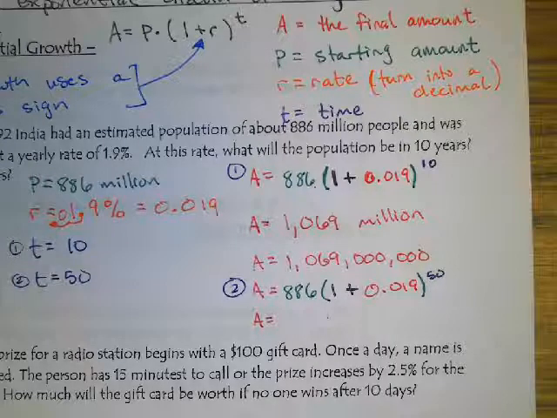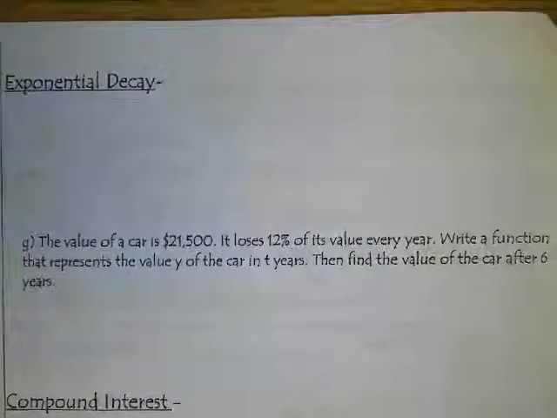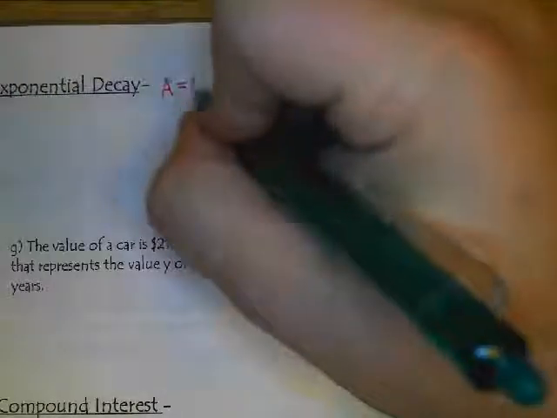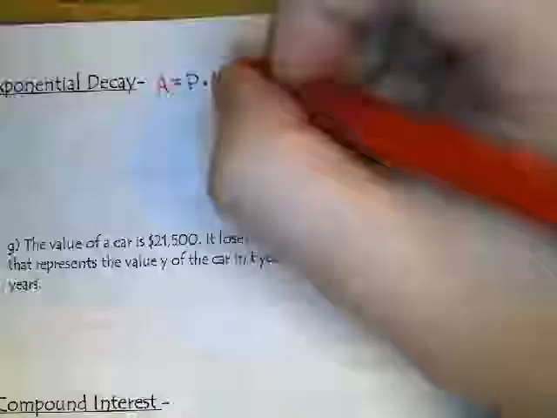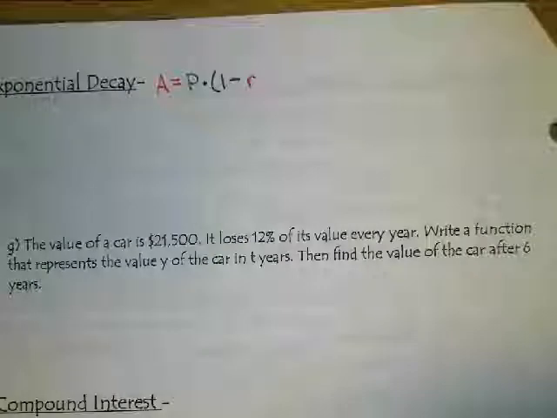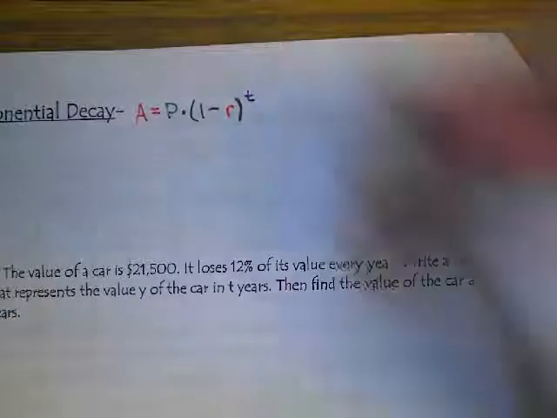So what happens when there's a decay? So let's flip over to the back, and we'll look at decay. So decay, the equation's the same. We will have A equals our starting amount times 1 minus R, and we raise that to the T. And the variables stand for the same thing.